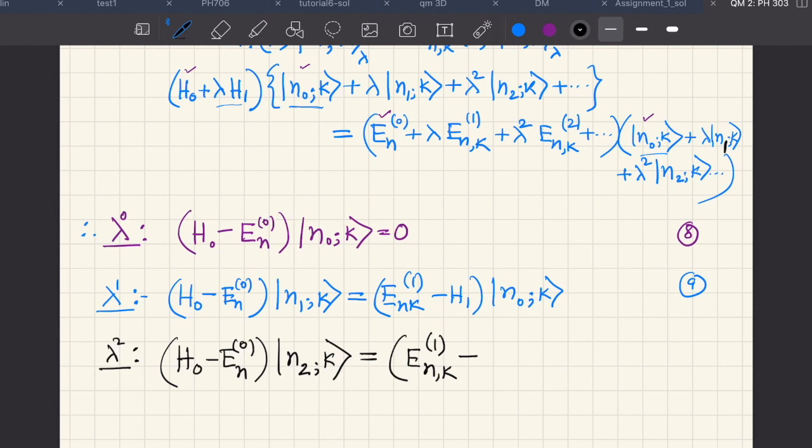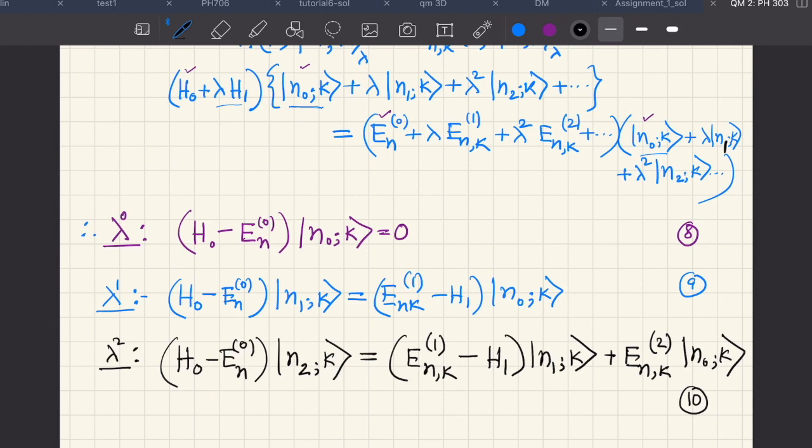So h1 on n1k is another lambda square order term. So h1 n1k, and then we will have enk2 acting on n naught k, which gives you the other lambda square order term. Let us call this equation number 10.